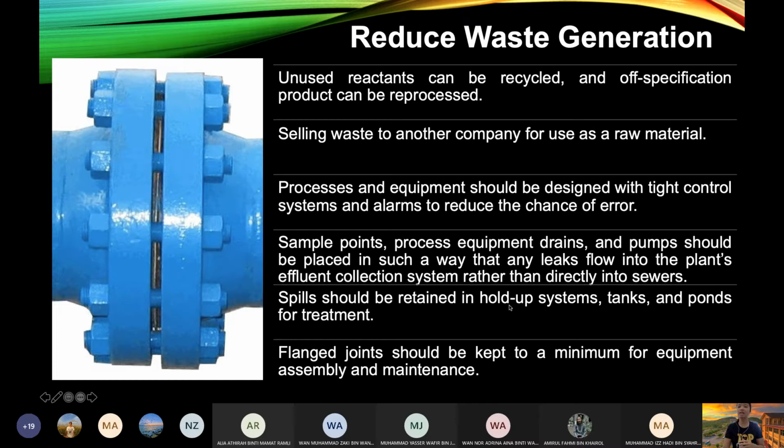Spill should be retained in hold-up system, tank, and ponds for treatment. So let's say your spills are liquid phase. So you might have actually certain kind of treatment pond for them to be retained in the pond. And then certain connectors should be kept to a minimum so that you avoid all these leakage problems.